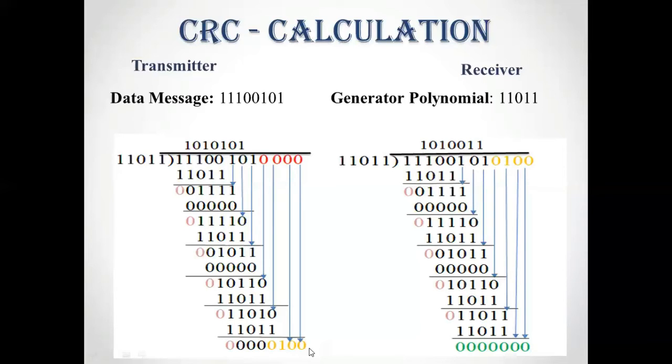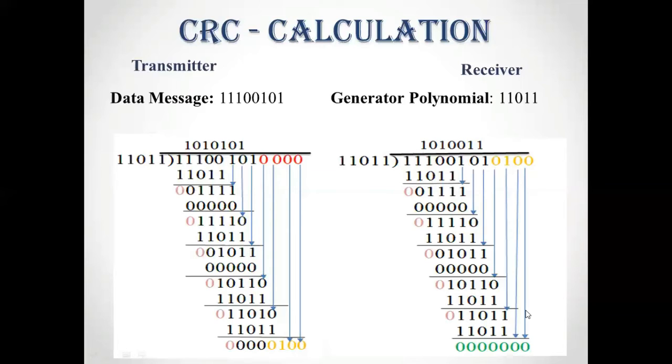On the receiver side, previously at the transmitter side we considered the data message with n minus 1 zeros appended. But here, instead of those n minus 1 zeros, we consider the checksum from the transmitter and perform the XOR operation. At the receiver, the checksum is generated by dividing the transmitted code word by the generator polynomial.